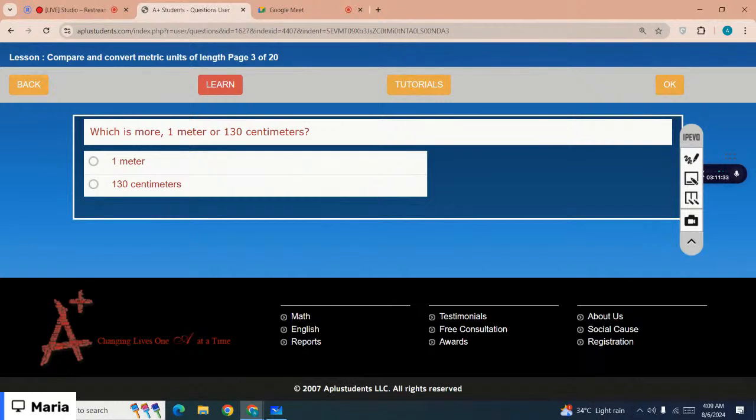Because in 1 meter you have 100 centimeters. So obviously then 130 centimeters is more. Very good.